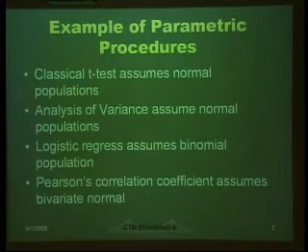Things like logistic regression assume you have a binomial distribution. If you look at correlation coefficients, the usual Pearson correlation coefficient, and I'll say more about this towards the end of the talk, assumes you have a bivariate normal distribution. So again, you have these bell-shaped curves that are floating around. And particularly when you have small sample sizes, you can be misled if these assumptions are not correct.